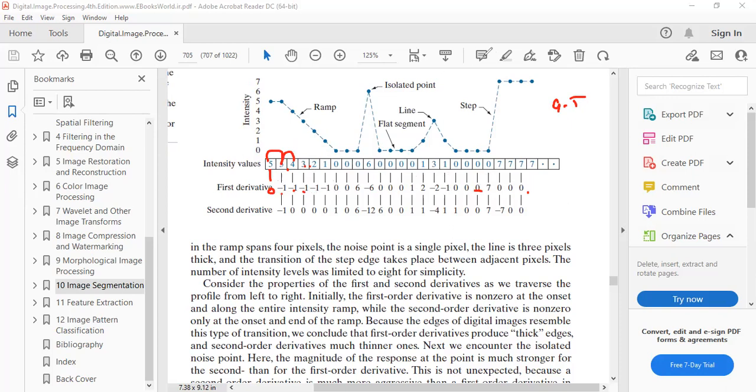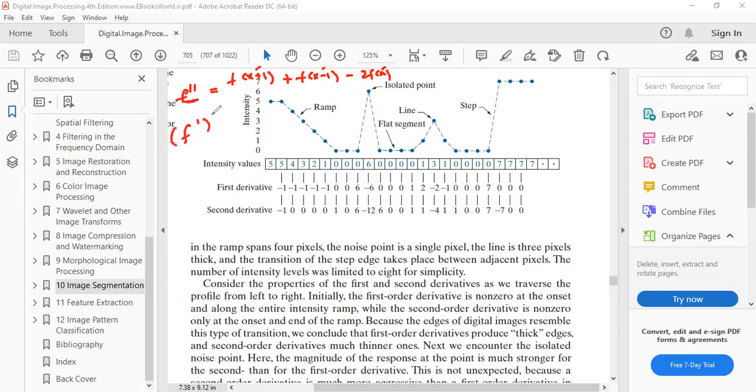Now for the second derivative, what is the formula for f double dash? It is f of x plus 1 plus f of x minus 1 minus 2 f of x. So here we have to take x plus 1, the position x, and x minus 1. How can we obtain the second derivative generally?